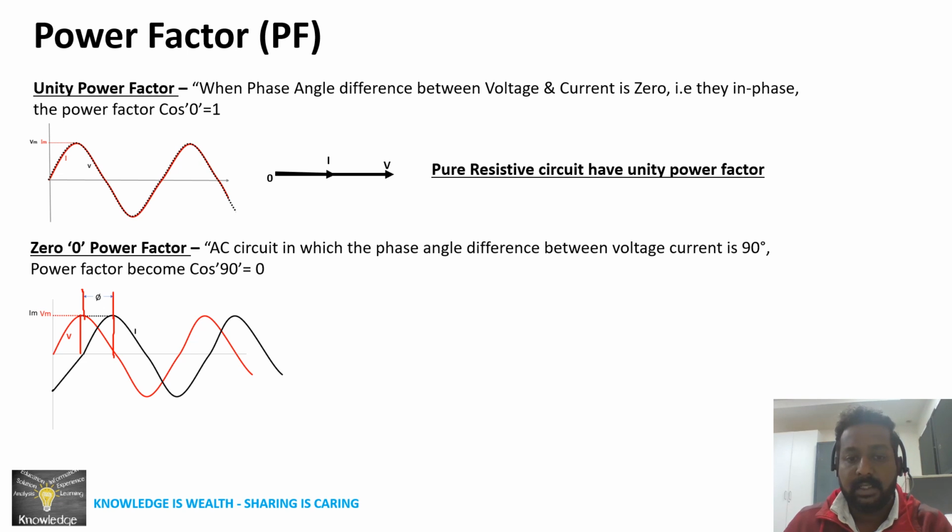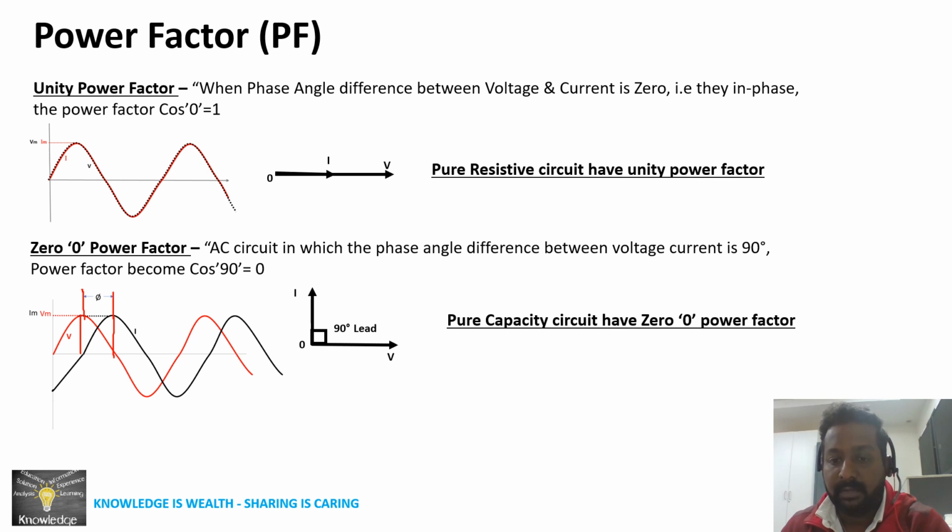Let us quickly check. In this circuit the current is leading the voltage by 90 degrees. Most of our capacitive circuits will have a leading power factor. If it is a pure capacitive circuit, the power factor will become 0, because there is no resistive effect and no inductive effect.